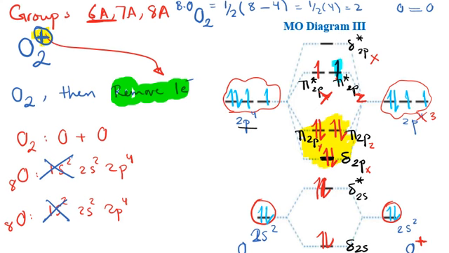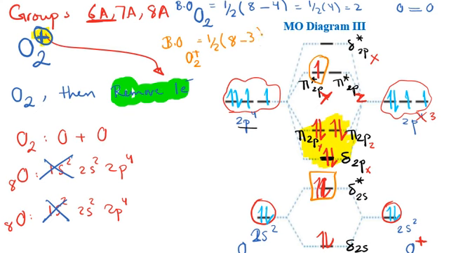If I remove it for O2 plus, we end up like this, and let's calculate the bond order for O2 plus. So everything is the same minus the number of anti-bonding. Anti-bonding is 2 and 1, 3. So 2.5. It means O2 plus, O2 1 positive definitely exists.